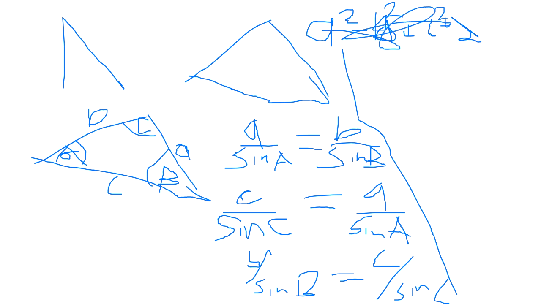Let me just do it again. If you have the triangle like this, we have the angle A, we have B here, then we have C here.